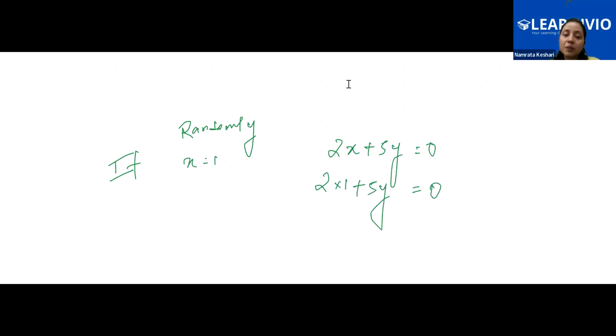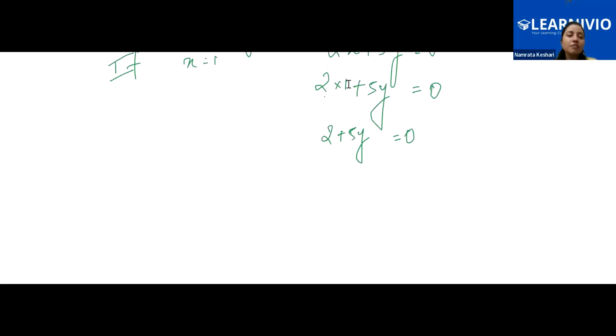It will be 2 plus 5y equals 0. So 5y equals 0, and this 2 will go to the other side.